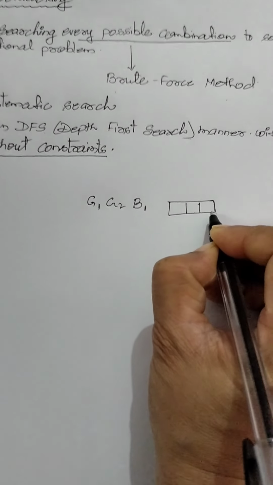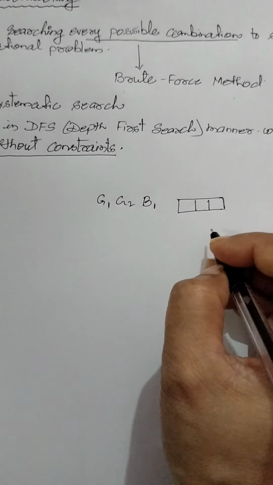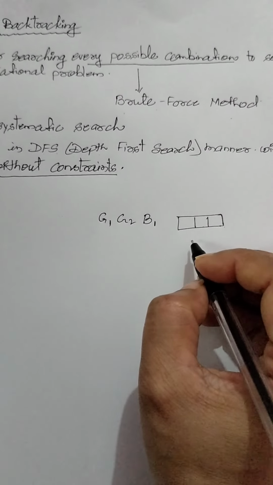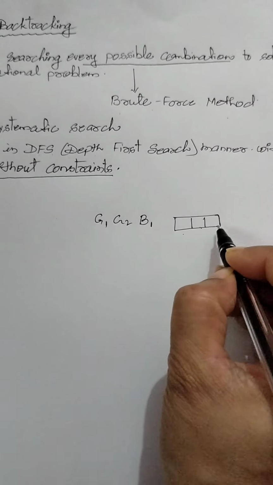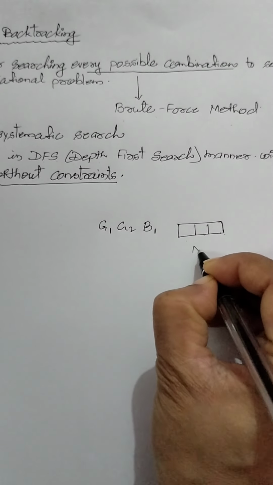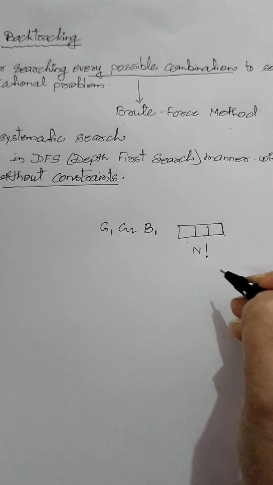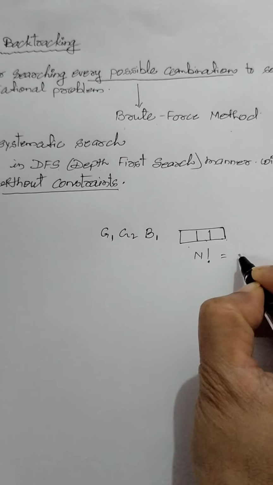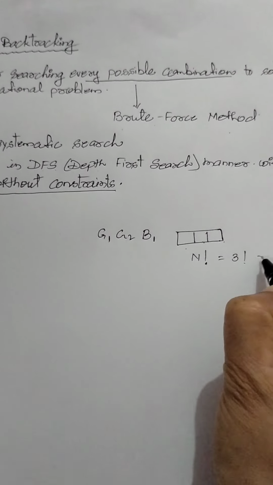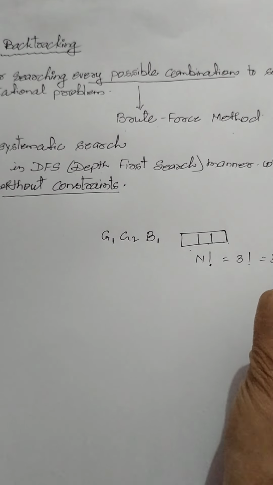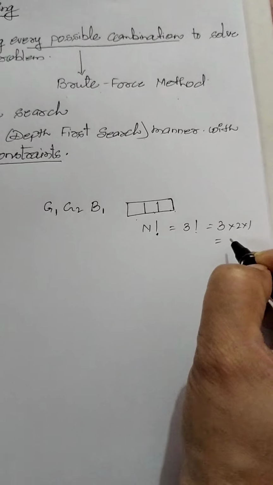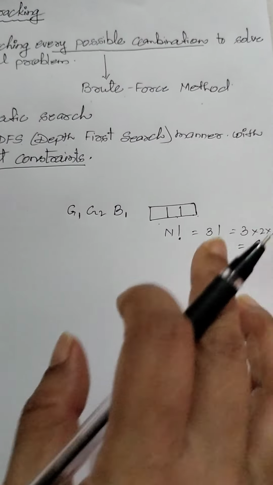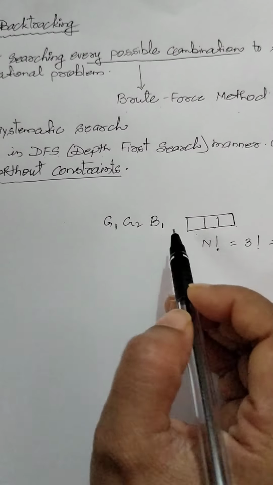So in how many ways can these 3 students sit in these 3 chairs? The total ways will be factorial n, that is factorial 3, and factorial 3 is 3 into 2 into 1, that is 6. Okay, 6 ways.